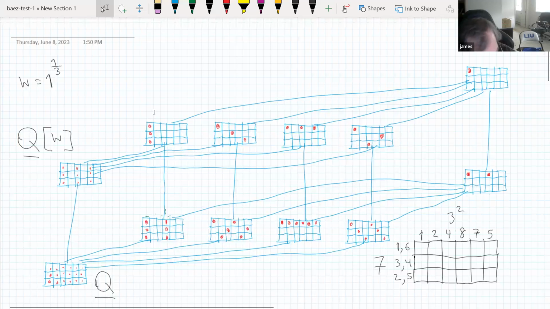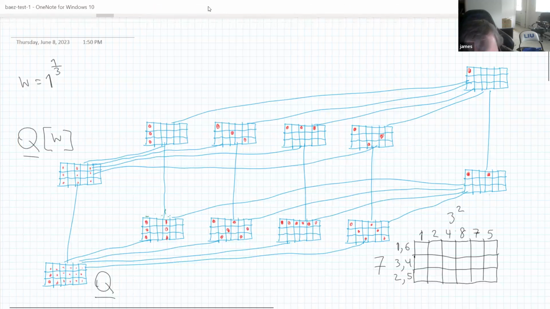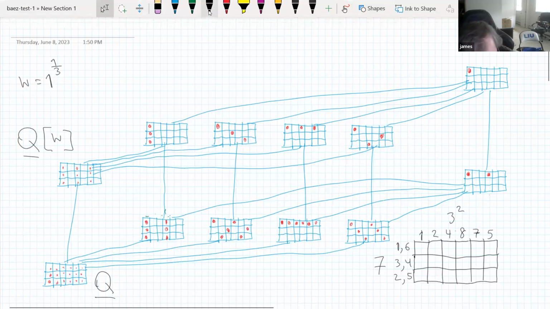Let's think about this Galois correspondence for the ordinary integers as the base. And let's think about this one right here. Let me label it.